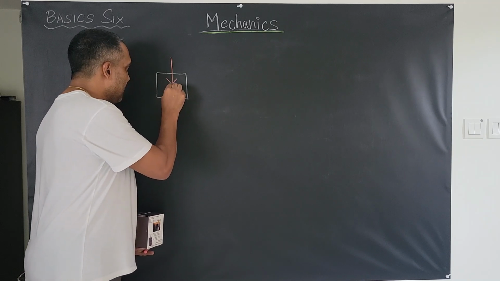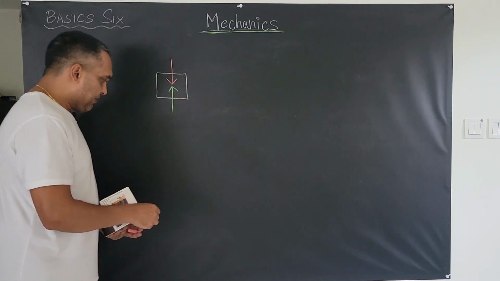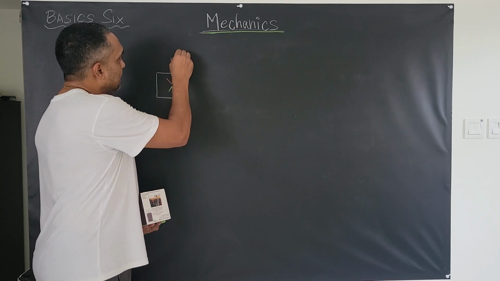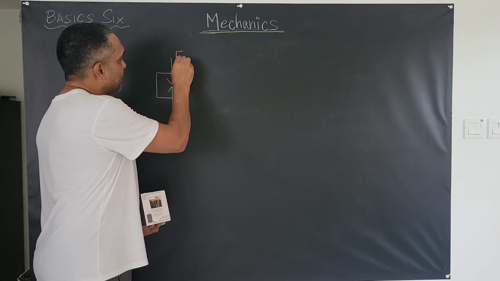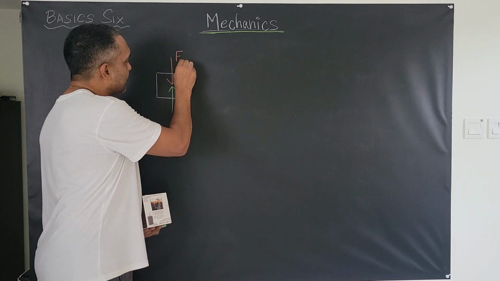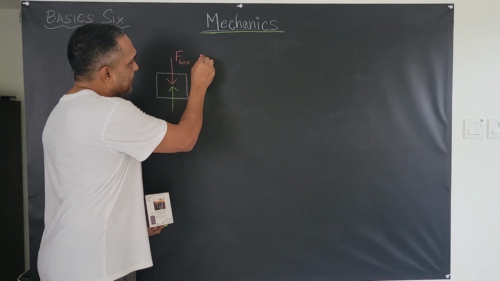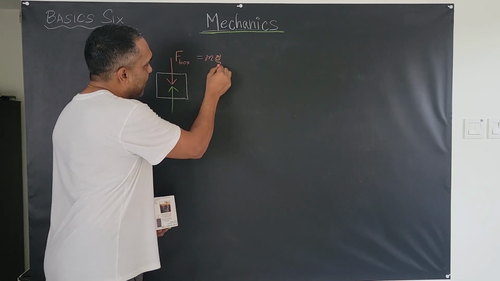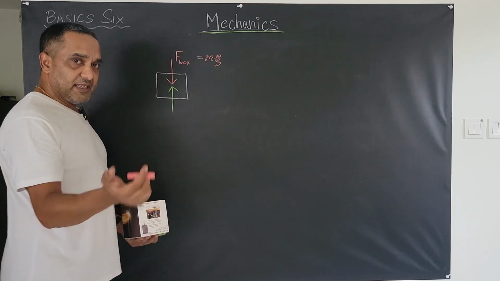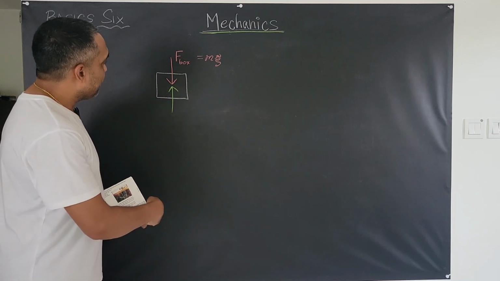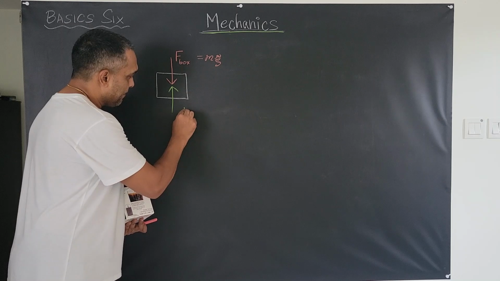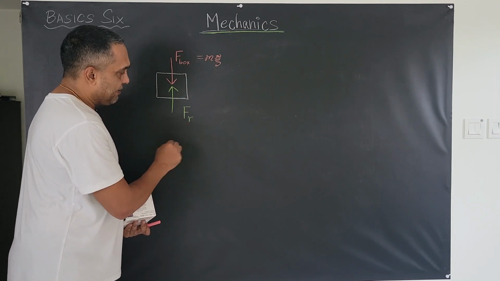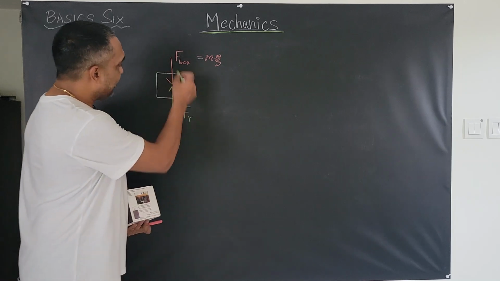Let's name this one force of the box. In reality, it's the mass of that box times acceleration due to gravity, which results in the weight. And this, let's just call it reactive, and they have to be equal.